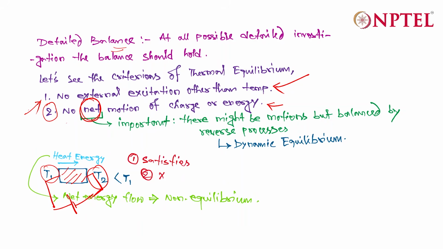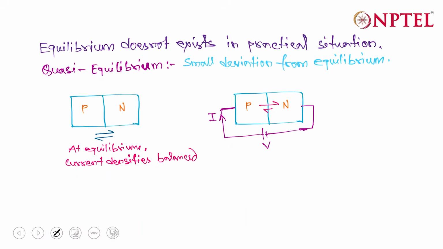So it's very difficult to get a semiconductor in equilibrium condition. You have to put it in the dark, and a lot of criteria has to be maintained. So it's very difficult in practice to get equilibrium condition. Equilibrium does not exist in practical situations in almost all the cases. That's why we bring in the concept of quasi-equilibrium.